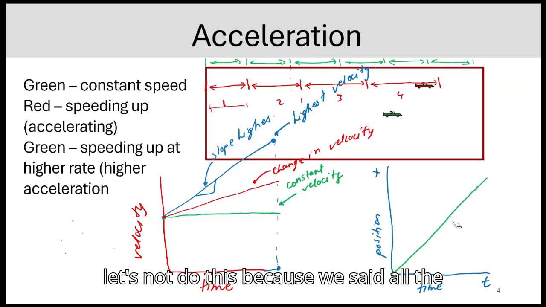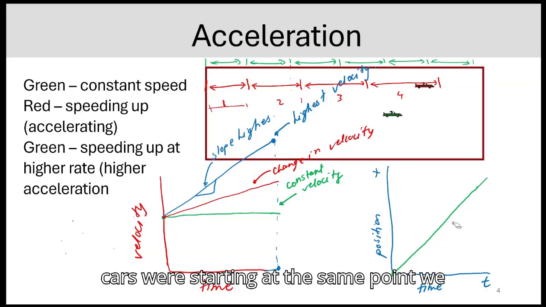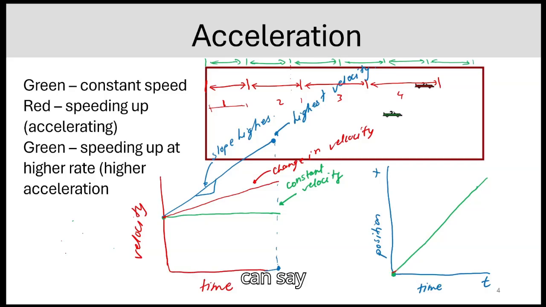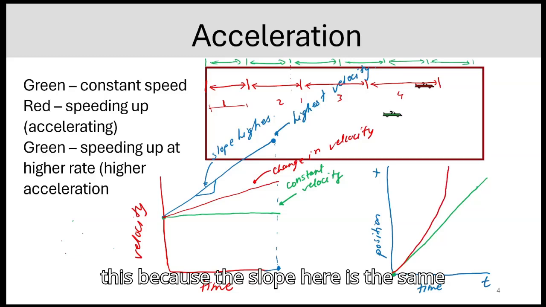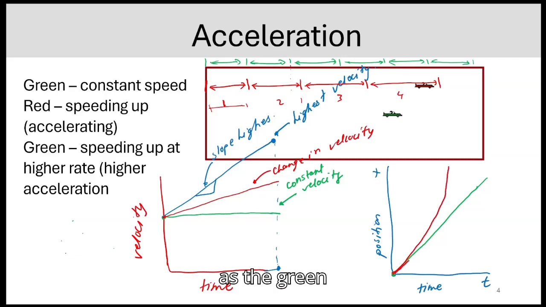Let's not do this because we said all the cars were starting at the same point. We can say this, because the slope here is the same as the green car, and as time passes the slope of the red curve increases. Let's make it proper.